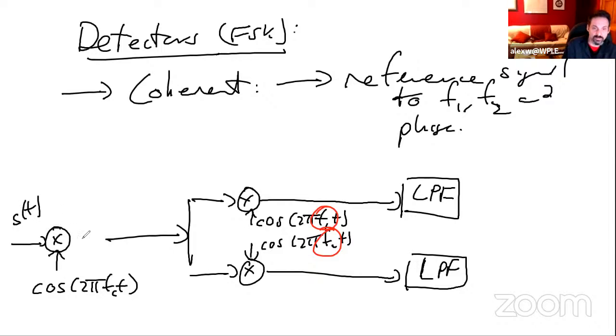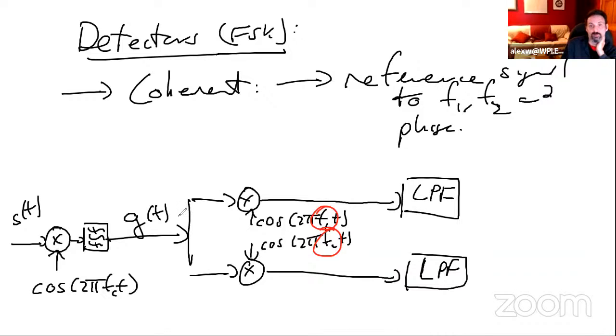So you're going to take this guy and you bandpass filter that. That's going to give you g of t, or g of m of t. Now the goal here is you're going to take that g of t, and you want to figure out, what is g of t? Is it F1 or F2?